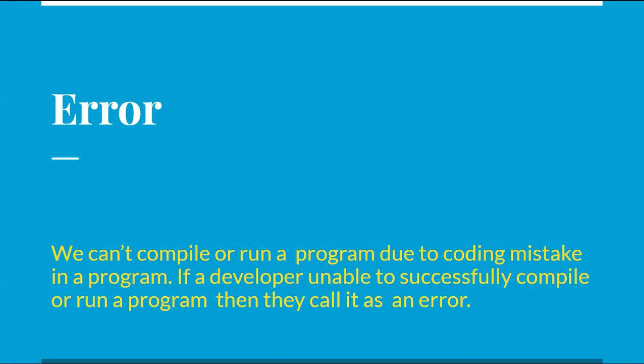If you do some task and make mistakes, that is basically called an error. It is an incorrect human action. Incorrect human action is called an error.